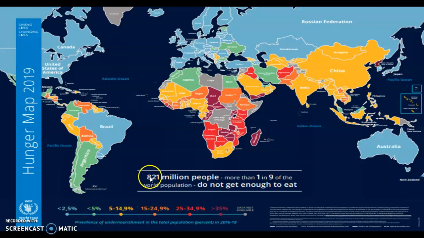Okay, so it says here 821 million people, more than 1 in 9, do not get enough to eat, which is a bit rubbish all in all. So the countries that are red and purpley pinky colour are the ones where more than a quarter of the population is hungry. And so we should know what the definition of that is now.